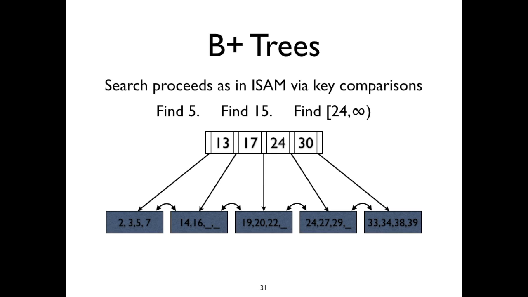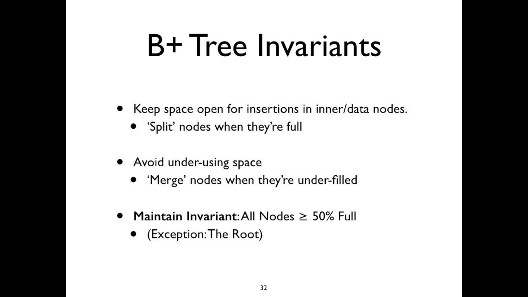The difference is that in a B+ tree, we're allowed to, and in fact we want to, have open slots in both the leaf pages and the non-leaf pages. We want to keep space open so that we can insert new records into the leaf pages and new keys into the inner nodes, the non-leaf nodes.